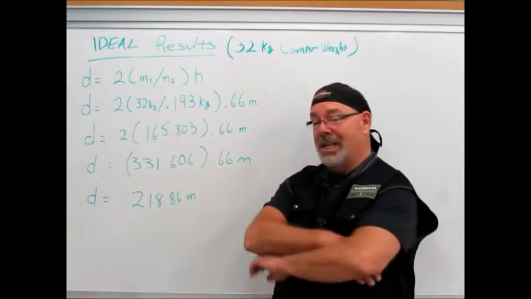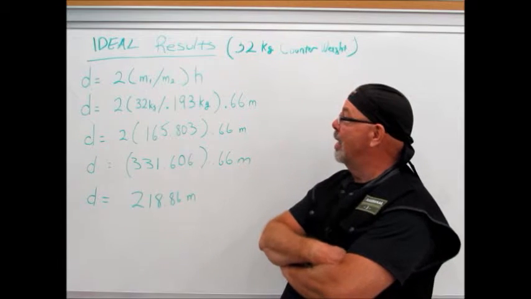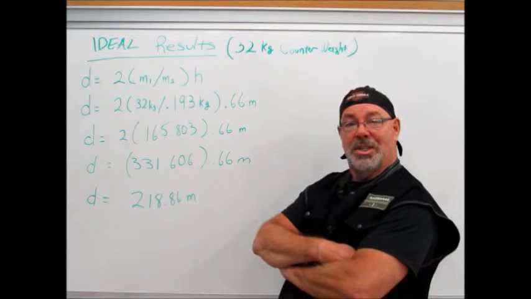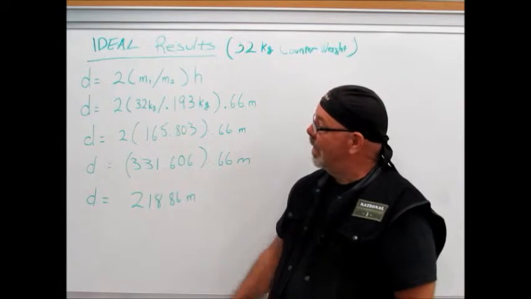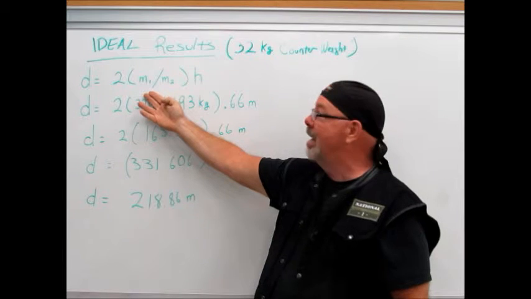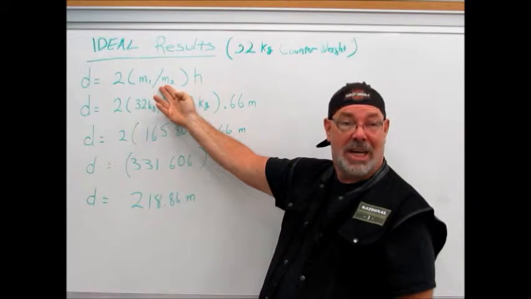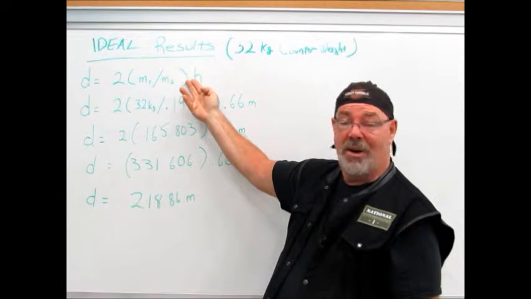Our ideal results using a 32 kilogram counterweight: we can calculate what distance we should get from a trebuchet if everything is working well. The distance should equal 2 times mass 1, the mass of the counterweight, divided by mass 2, the mass of the object thrown, times the height of the drop of the counterweight.